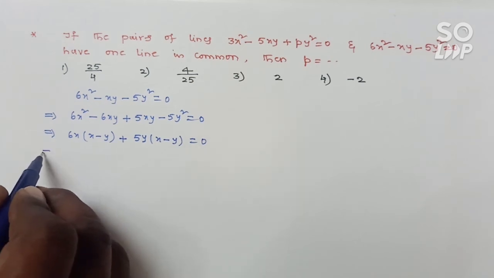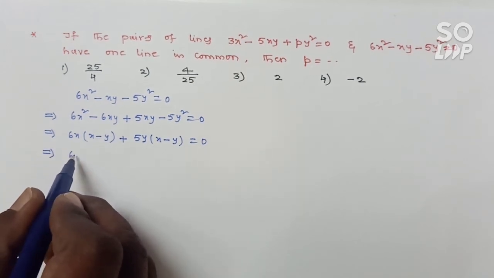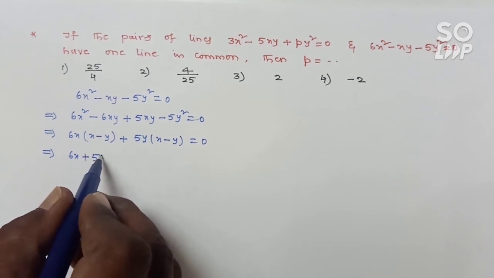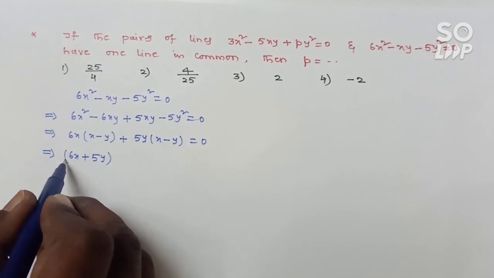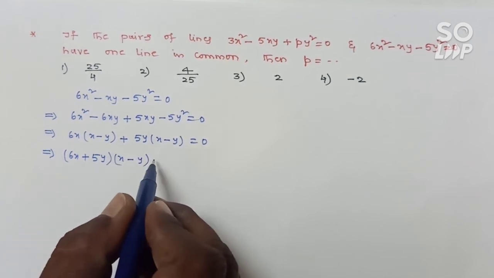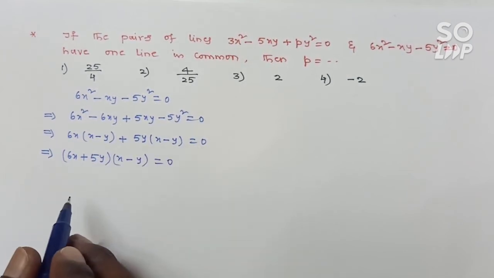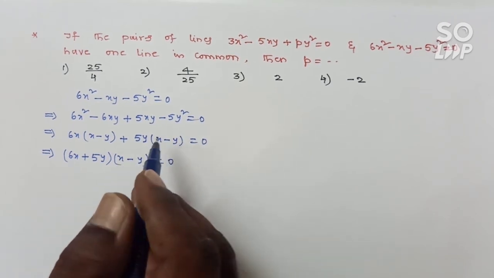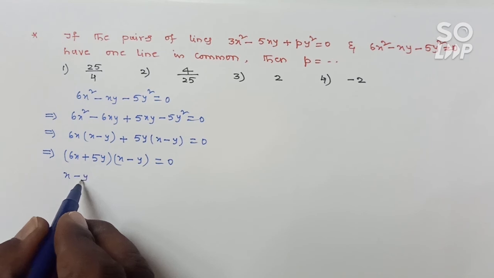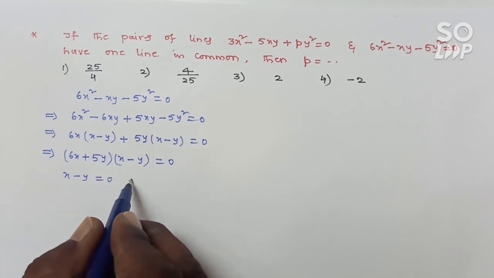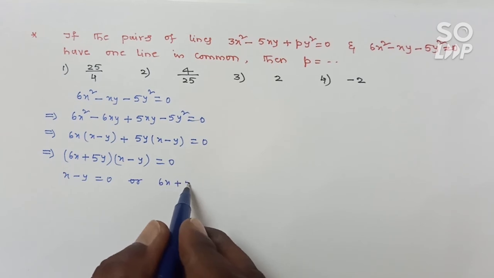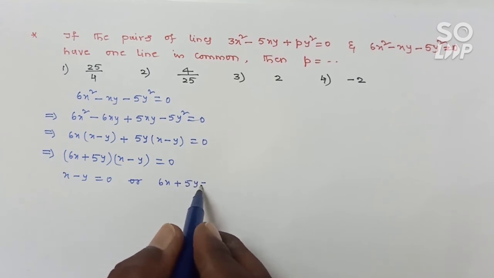That implies you can write (6x plus 5y) into (x minus y) is equal to 0. Therefore, what are the lines represented by the second equation? x minus y is equal to 0 or 6x plus 5y is equal to 0.